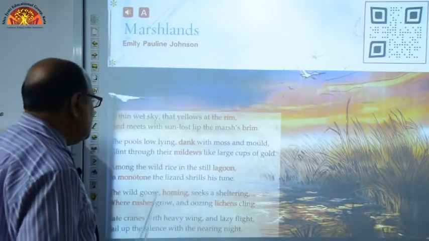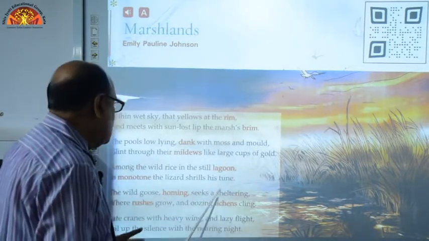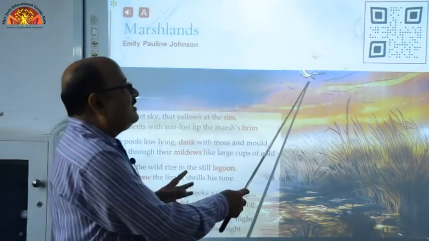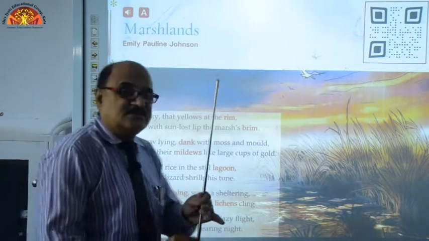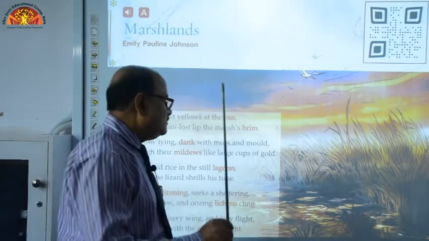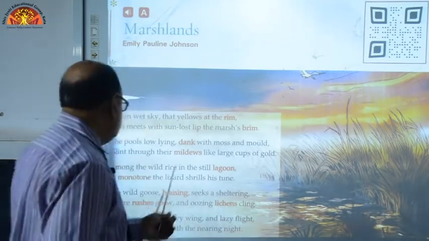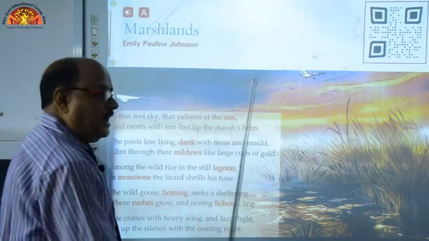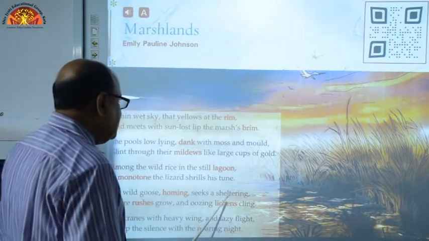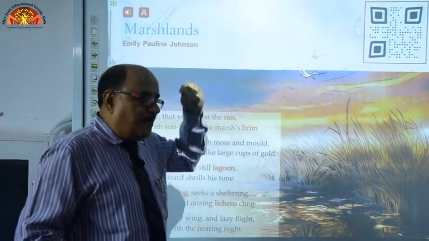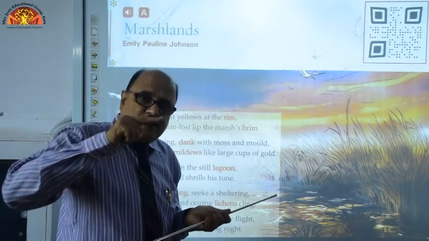So, see the wild goose homing, it seems that this wild goose is coming back home, seeks a sheltering, a place where it can take a shelter during night, where rushes grow, rushes, this tall grass like structure, right. Here among these vegetation, rushes like, so this vegetation is also there and standing erect, right. And oozing, oozing means dropping water one by one, tap, tap, tap.